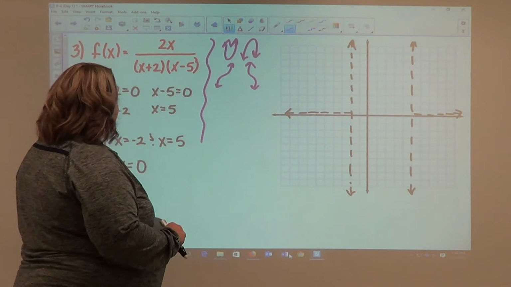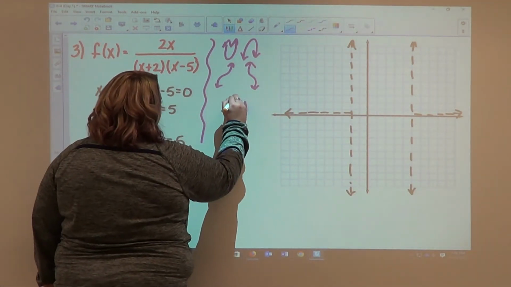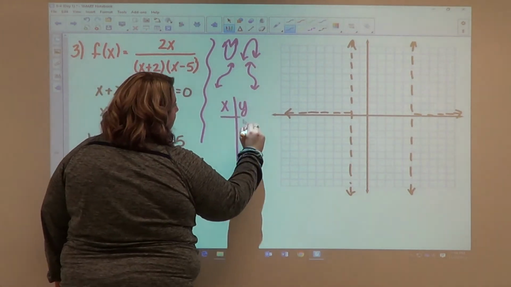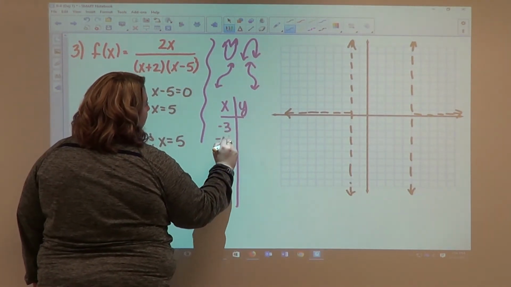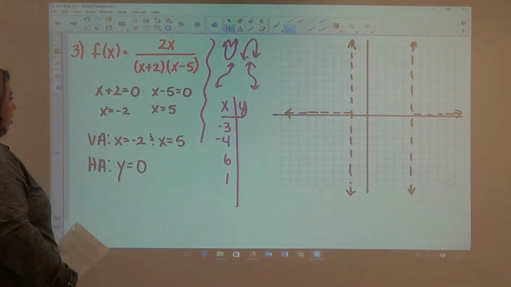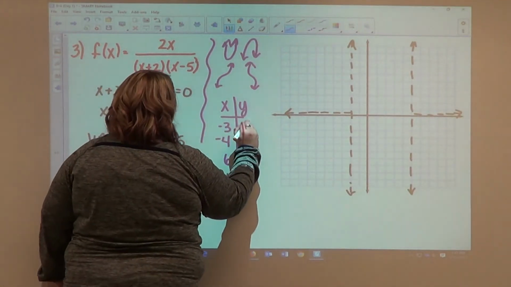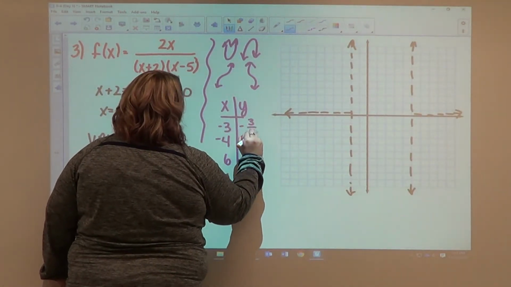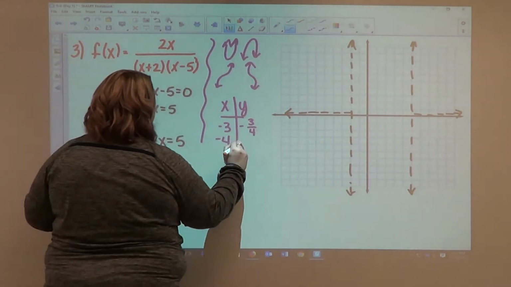So if I do my T-chart for the outside, I would plug in -3, -4, and on the other side I'd plug in 6 and I'd plug in 1. Well, when I plug in -3, I get -3/4. When I plug in -4, I get -4/9.